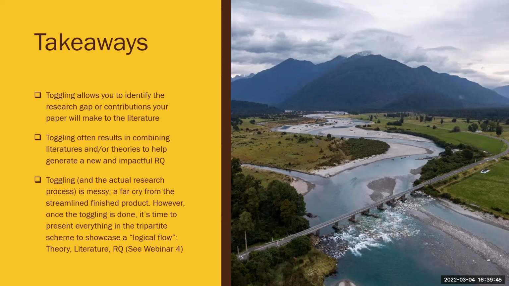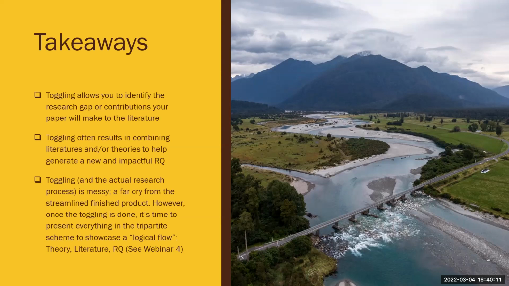And finally, the actual process of research, which is toggling, is messy. It is a far cry from the very streamlined, finished product of research. However, once the toggling is done, it is time to present everything in this tripartite or three-level scheme to showcase a logical flow between theory, literature, and research question.